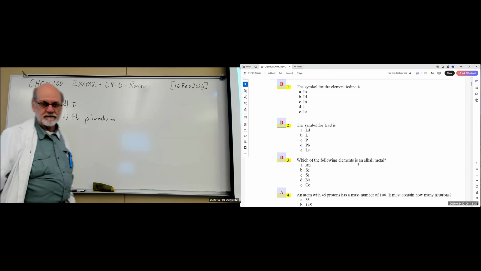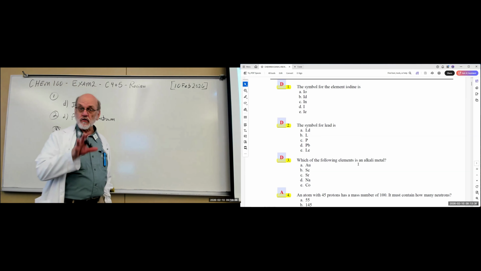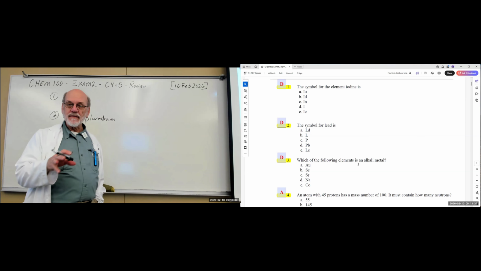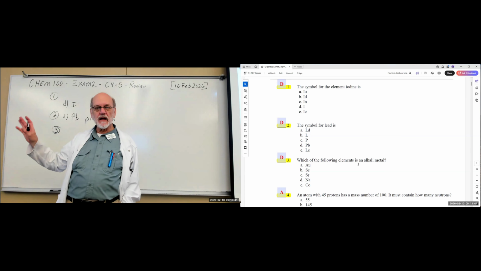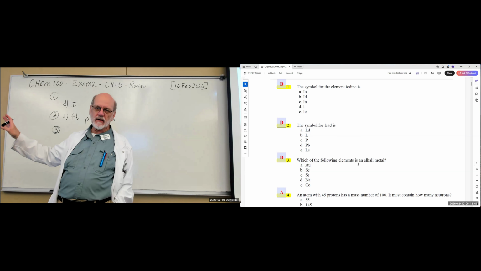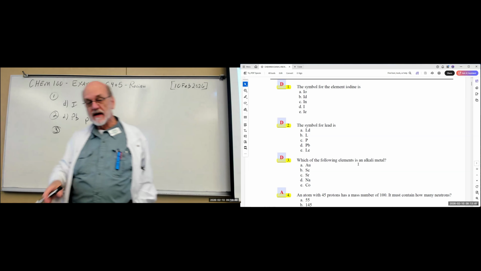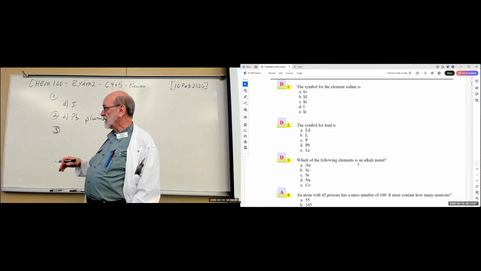How about number three? Which of the following elements is an alkali metal? Now you have to know where your groups are. Alkali metals are the first column, the first group on the left-hand side of the periodic table. So we look through here and see if any of these can be found in that group.